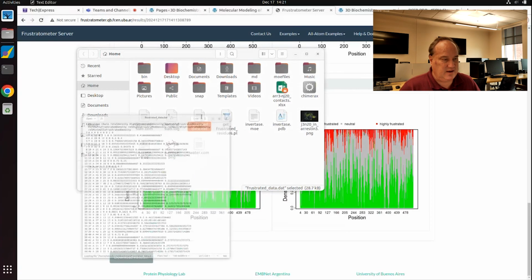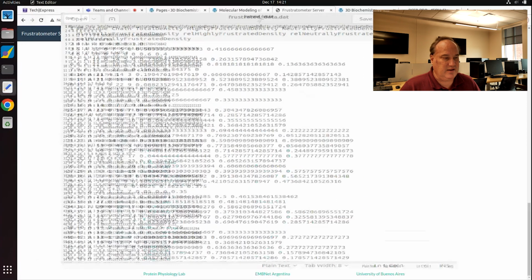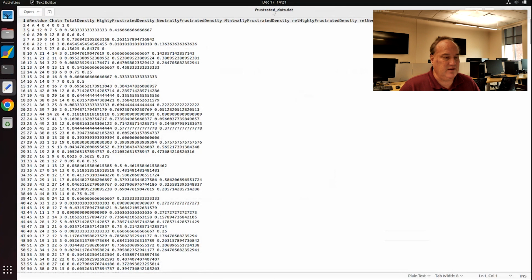When I open this up, this is a CSV file. It doesn't look very informative, but you'll see all of the numbers are delimited, space delimited. So it's essentially a table. We could also open this up in Microsoft Excel, and we could actually look at that, right?